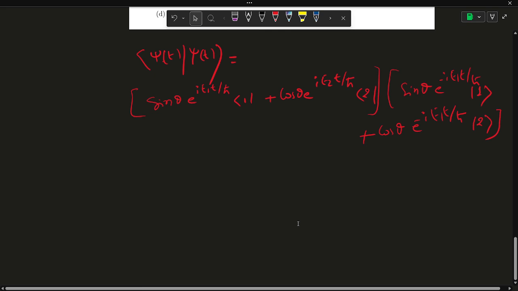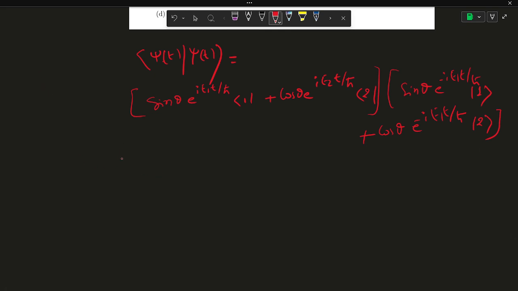Now we just need to solve it. So what we will get, the first one will give sin square theta, because plus and minus cancel, <1|1>. Then sin theta cos theta e to the power i (E1 minus E2) t by h-bar, and this is constant <1|2>.